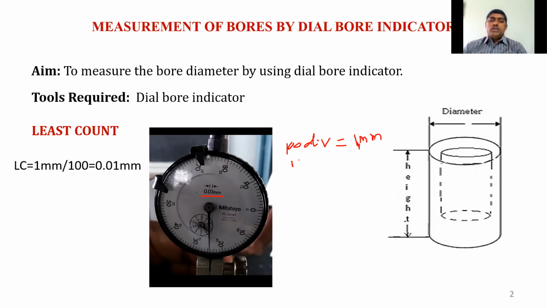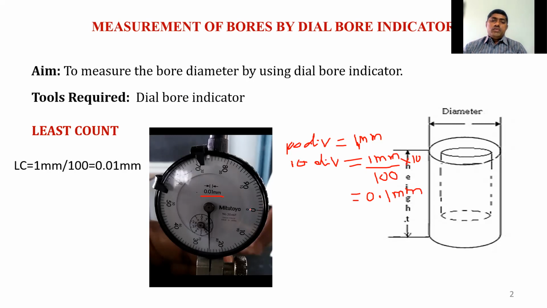Let us say the large hand moves through 10 divisions. What is the linear displacement? Linear displacement is equal to 1 mm by 100 into 10. So that is equal to 0.1 mm.